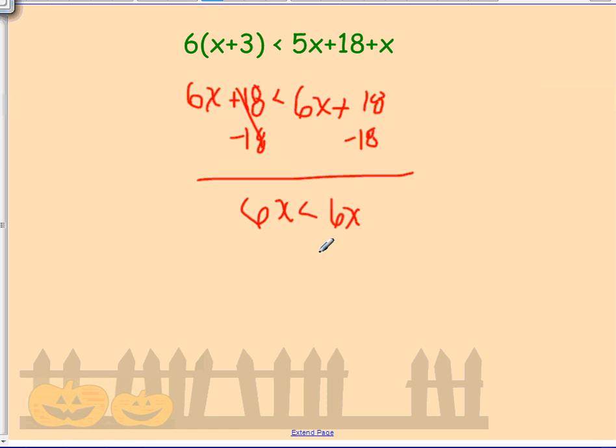What you're going to notice now, guys, is that we actually are ending up with a problem that has no solution.